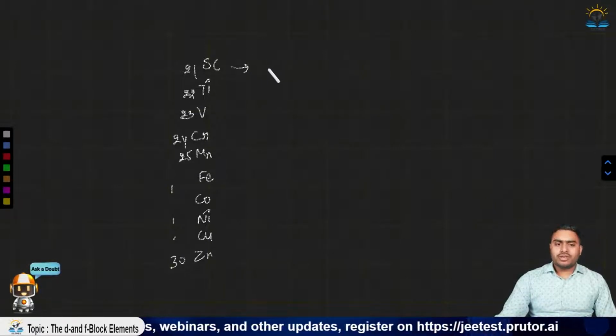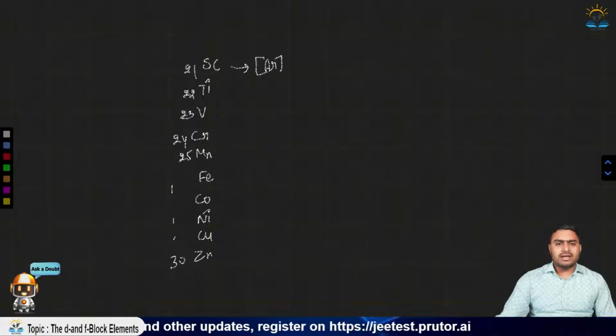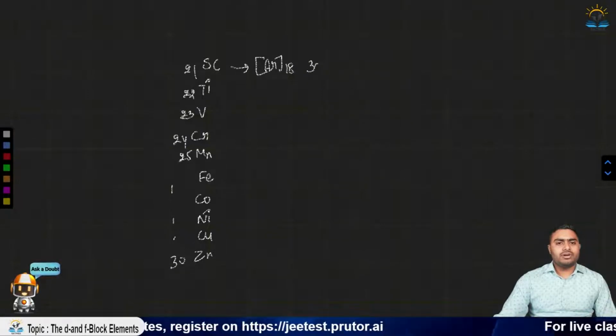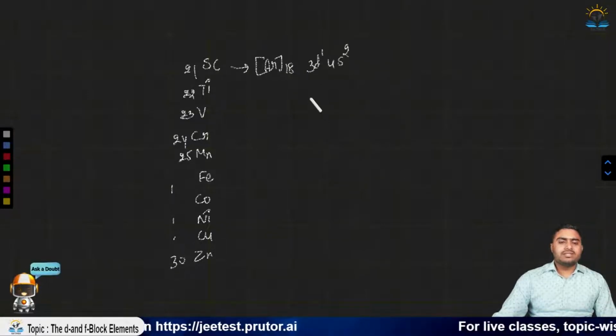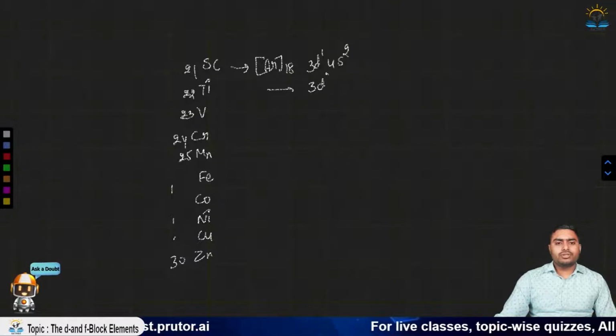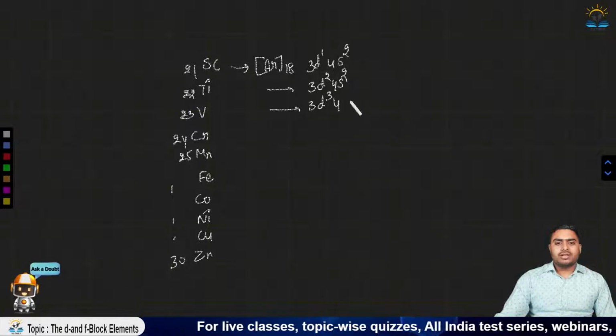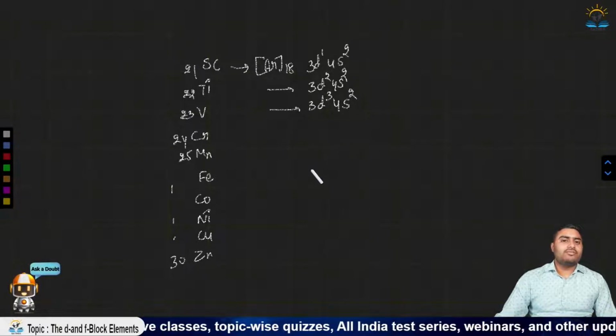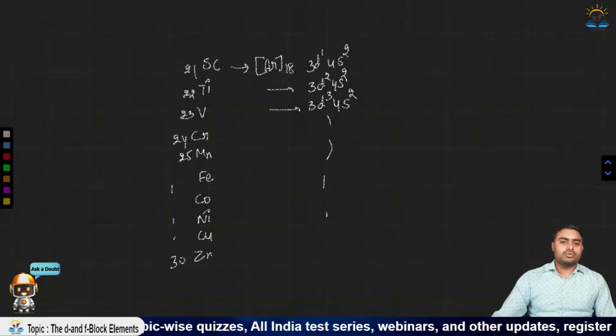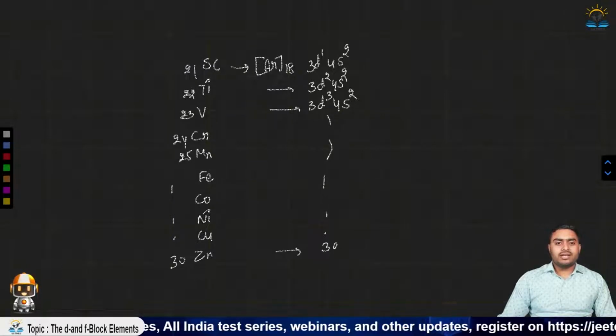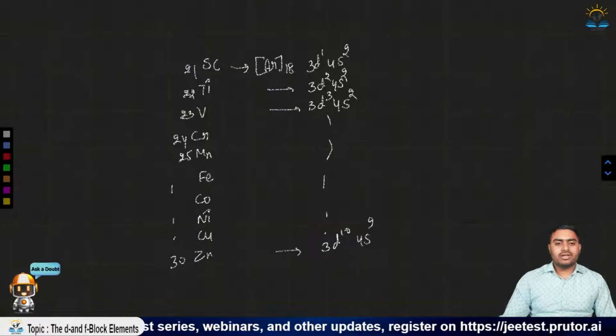To write the electronic configuration, we start from the noble gas argon, 18. Then you can write 3d1 4s2, then similarly argon 18 3d2 4s2, 3d3 4s2, and so on. For zinc, you write 3d10 4s2.